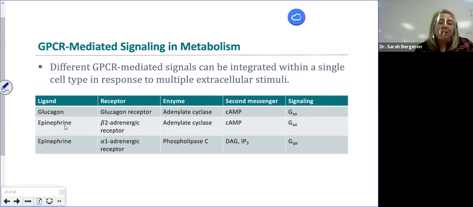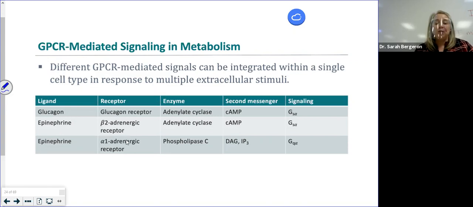So we have two different ligands that can activate the same downstream effect, glucagon and epinephrine. They bind to different receptors. So glucagon binds to the glucagon receptor. Epinephrine, on the other hand, can bind to two different receptors. It can bind to the beta-2 adrenergic receptor, and it can bind to the alpha-1 adrenergic receptor.